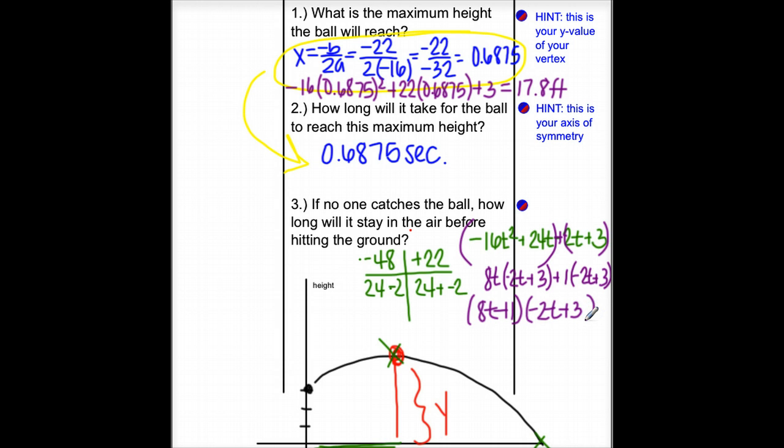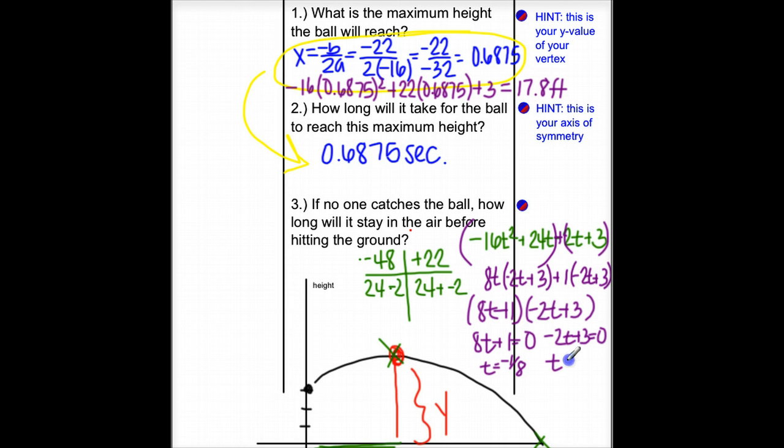If I set these both equal to 0, I have 8t plus 1 equal to 0. I subtract 1, I divide by 8, I get t equals -1/8. And if I do the other one, I get -2t plus 3 equal to 0. Subtract 3, and I get -3 divided by -2.